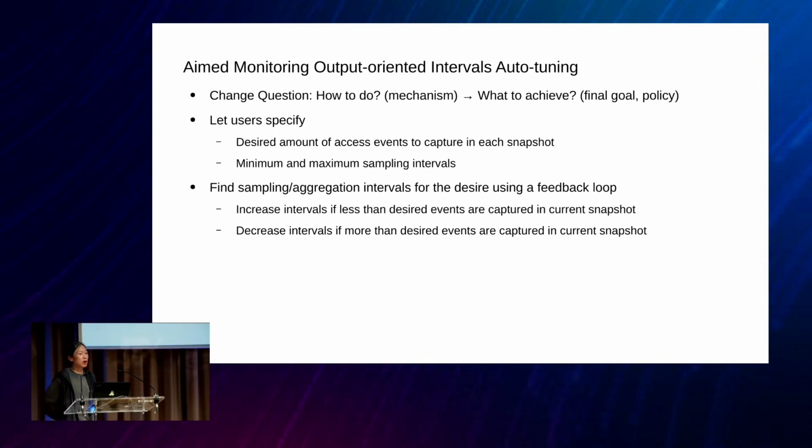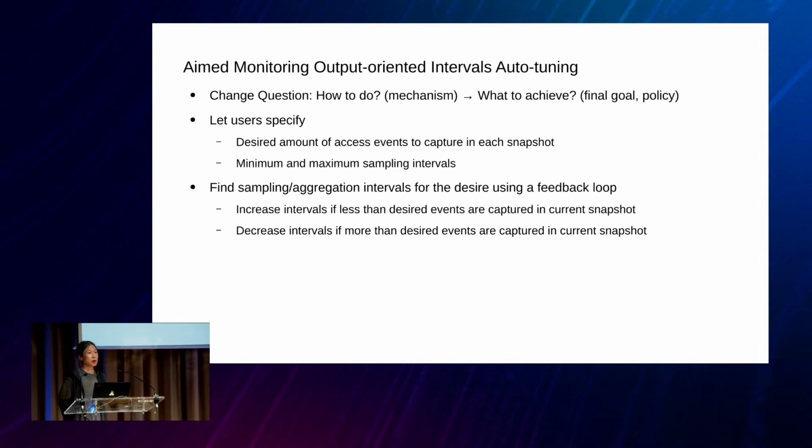And therefore, we have implemented an auto-tuning mechanism for setting the optimum sampling and aggregation intervals. For this, we changed the question from how to do it, that is, in what time interval should we do this and that, to what you want to achieve, what amount of information you want to get from the monitoring results.